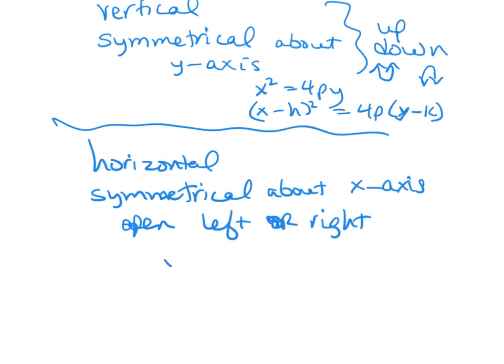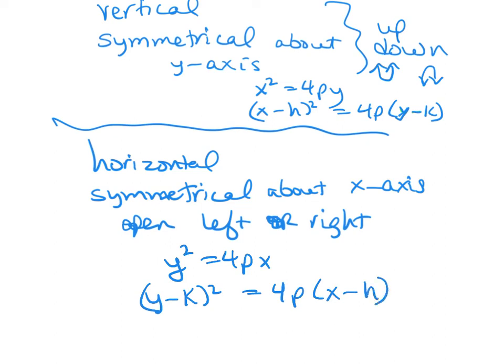So in this case, we would have y squared equals 4px, or y minus k squared equals 4p, x minus h. That would be the scenario that you would have when you see those words. And again, those graphs would either be opening left, which would be the backwards C, or opening right, which would look like the letter C. So if it says opens to the right, we know it's the C. If it opens to the left, it's the backwards C.